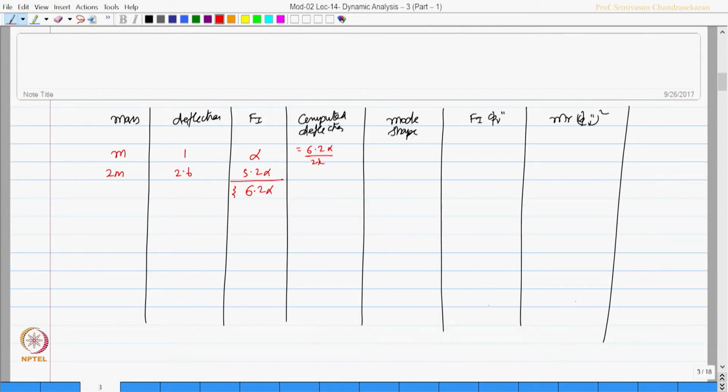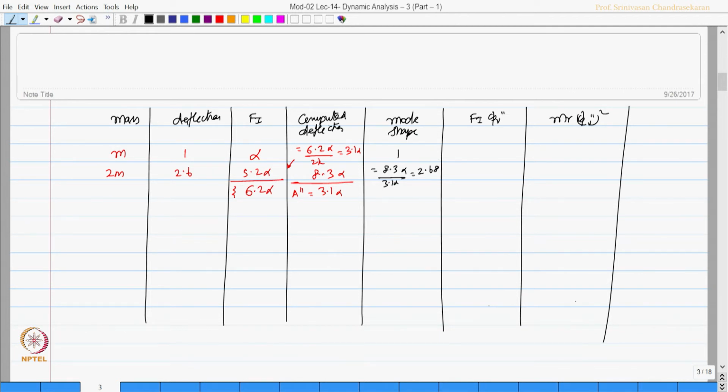So, 2k, which I think I should write 3.1 alpha, then I add them up, it becomes 8.3 alpha, and the sum. So, I take A double prime as 3.1 alpha, I get the mode shape as 1, and this is going to be equal to 8.3 alpha by 3.1 alpha, which is 2.68.